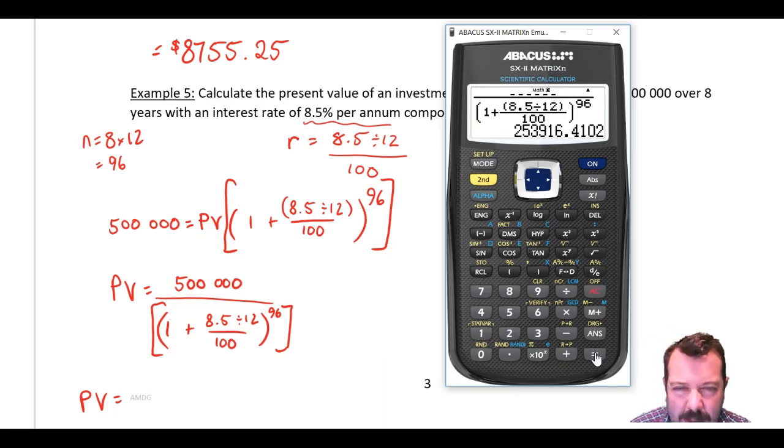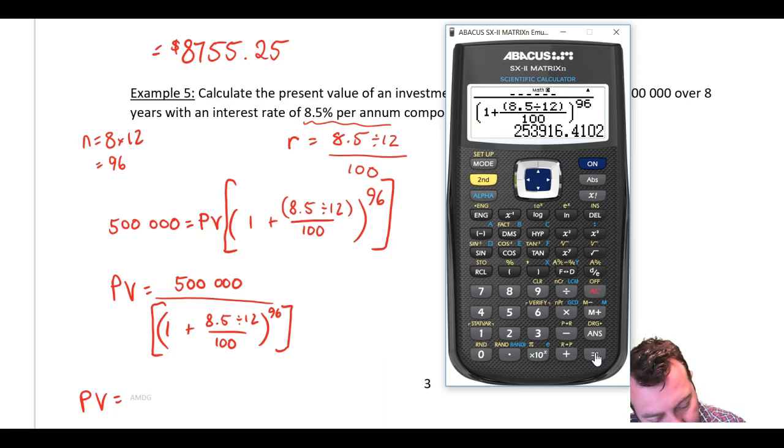And does that make a bit of sense? Not too bad. This tells me that I start with about $250,000 and I end up with about $500,000. So over 8 years with a pretty generous interest rate, we have just about doubled our money.